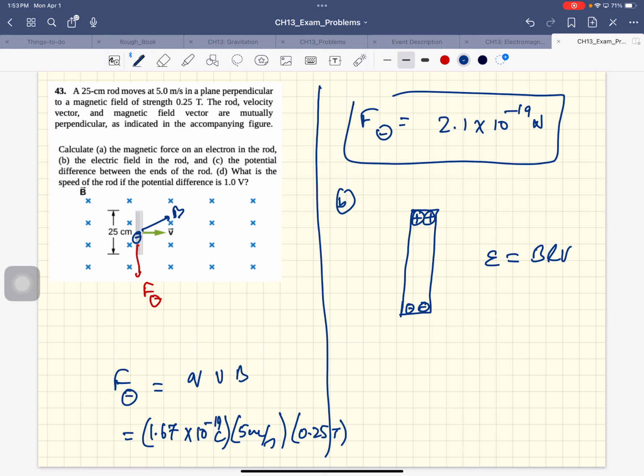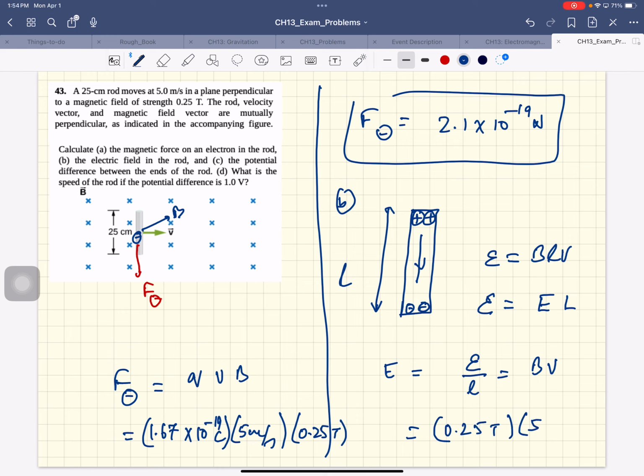So the EMF of the battery is the electric field times the length. So the electric field inside the battery is EMF per unit length, which is BV, which is 0.25 Tesla times 5 meters per second, 1.25 volts per meter.